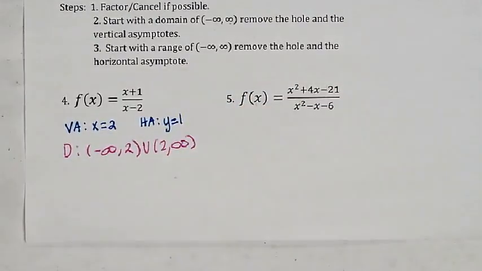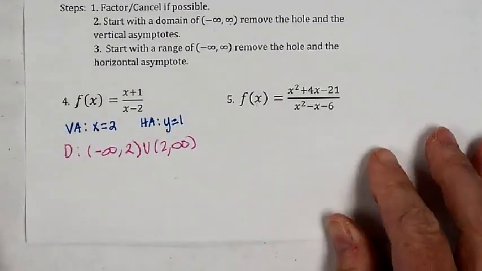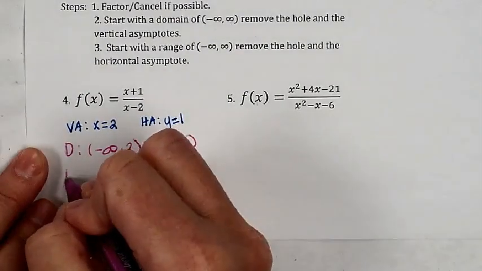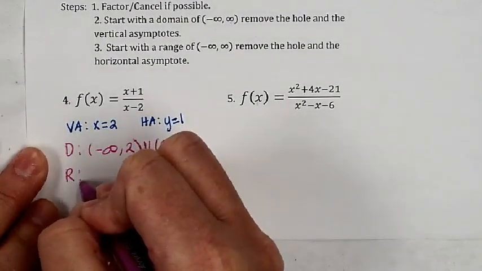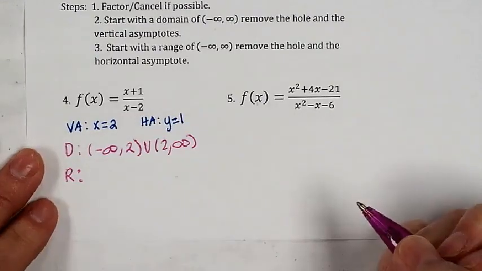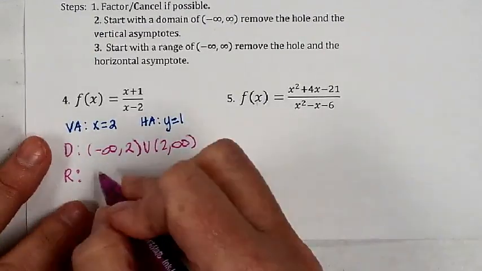Same thing with the range, we're just using the horizontal asymptote. So negative infinity to 1, and then union, 1 to positive infinity.